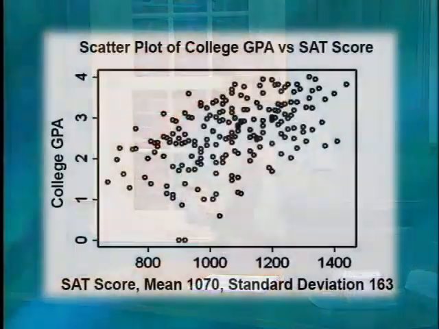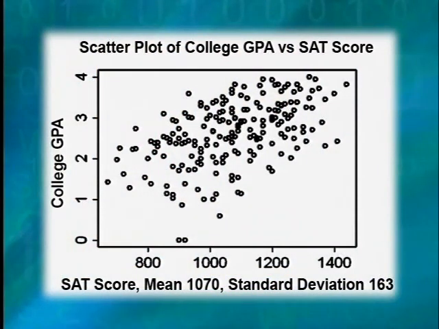So there are some students who have a score that's, say, 1 standard deviation above the mean, and that would be the mean plus the standard deviation, 1233. So a person who got an SAT score of 1233 would lie somewhere on this line here. It would be a dot above this line.